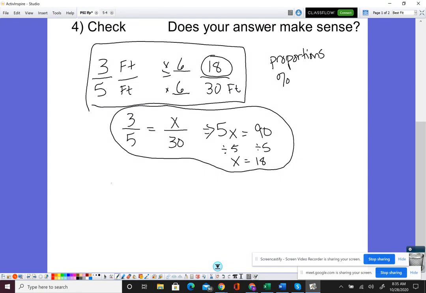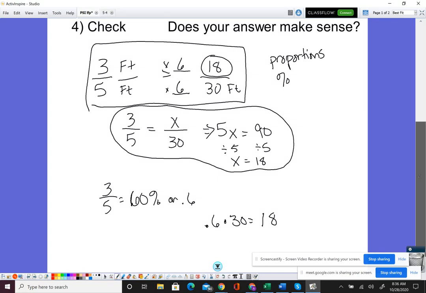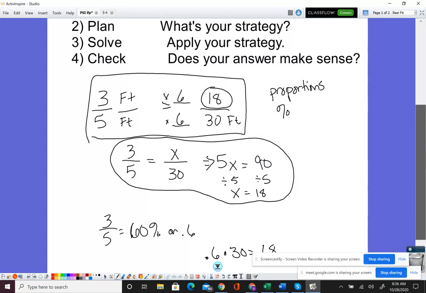So 3/5 is equal to 60% or 0.6. So we want to know what 0.6 of 30 is. And if we multiply 0.6 times 30, we're going to get 18. So any one of those strategies works. It's just a matter of how do you see the problem?